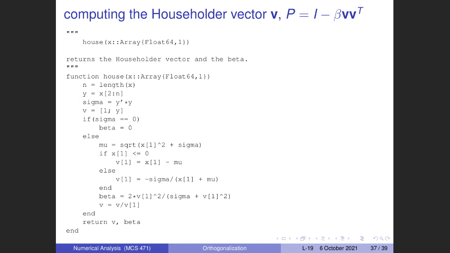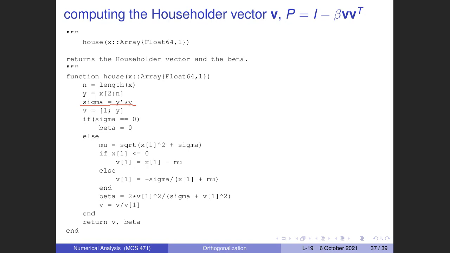So the method is a little bit more complicated. One needs two functions. One function to define the Householder vector, and the reflector matrix, this big H, is actually not stored as the big H. That's actually the main point here.